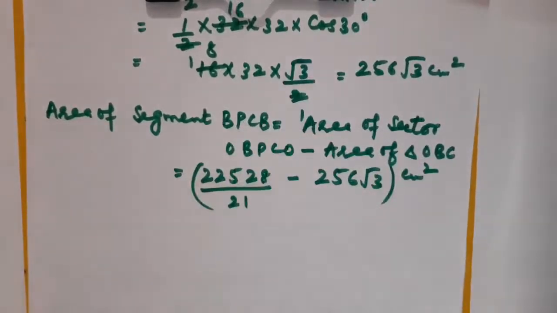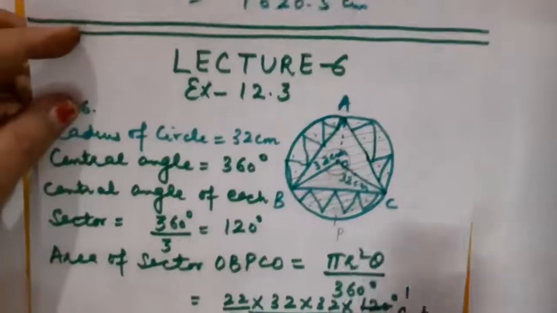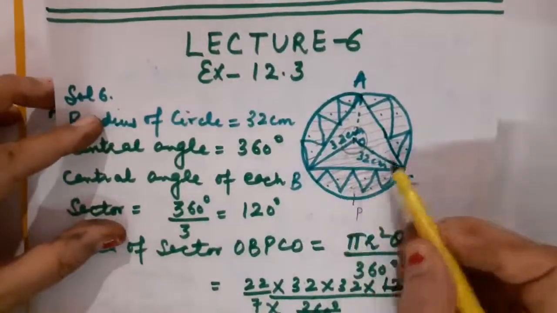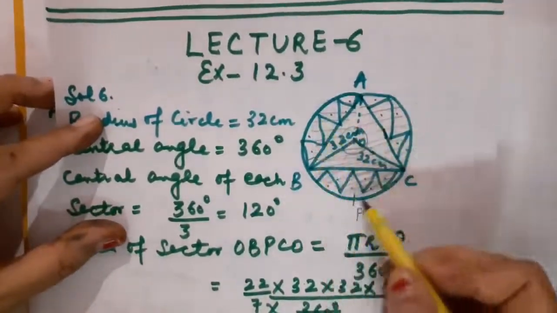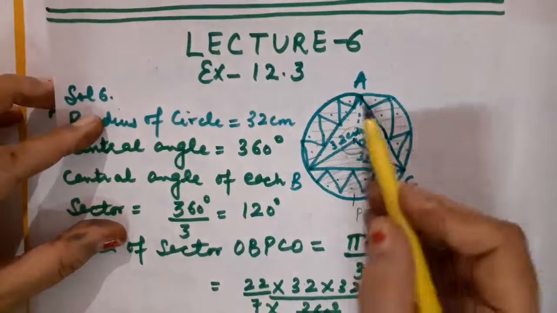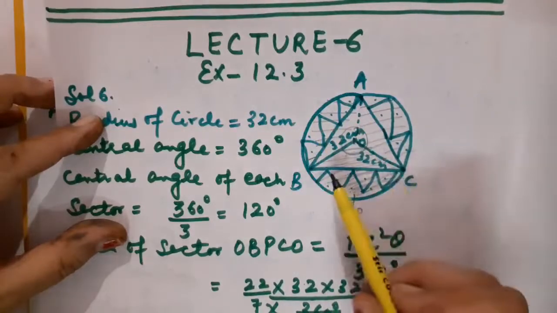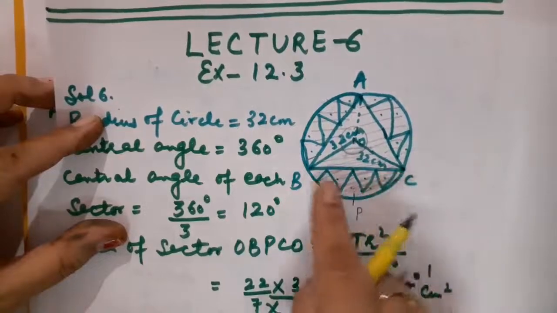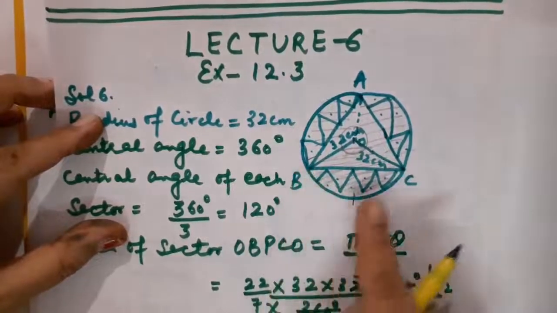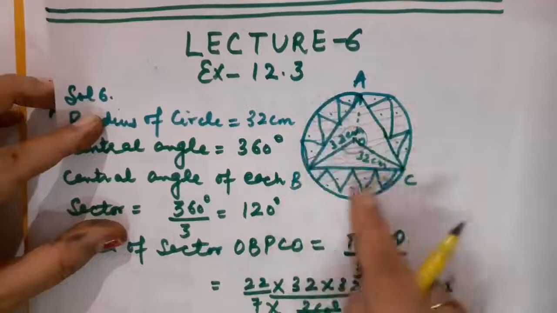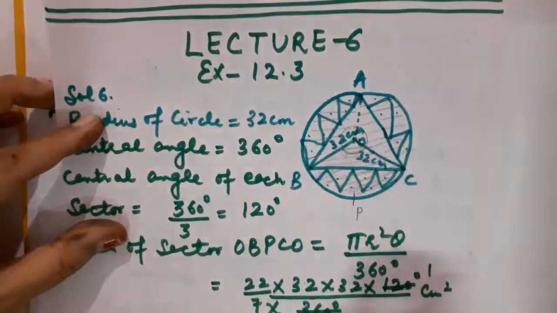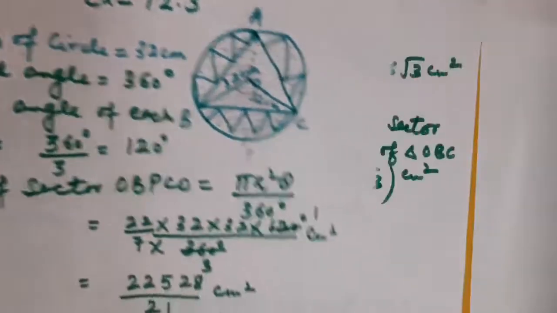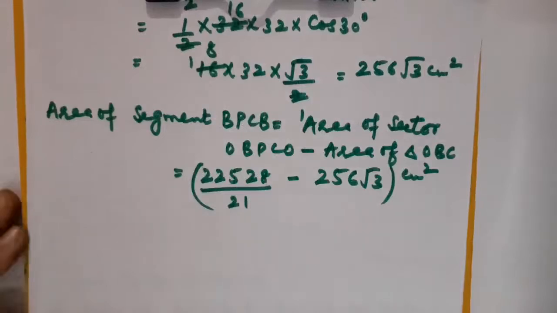Okay. Just look at here in the diagram. There are 3 segments of equal area. So how to calculate the area of the shaded region? If I multiply the area of this segment which I have just calculated, that is BPCB, by 3, I can come to know the area of the complete shaded region or the area of design.